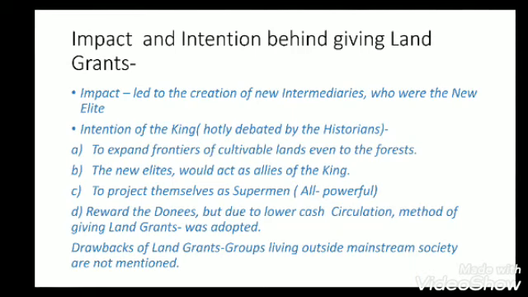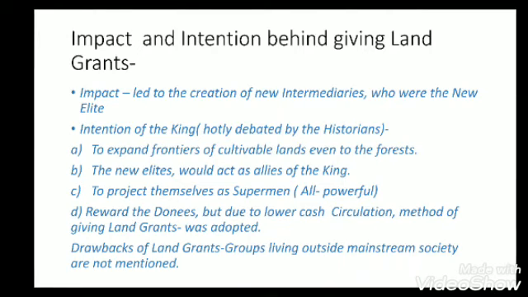Another view is that the king, by the creation of these intermediaries, these rural elites, wanted to build a group of powerful allies in the rural setup. Since sometimes the samans, remember the samans we spoke about in the previous lecture, who had the feudal relationship with the emperor, could act rebellious.